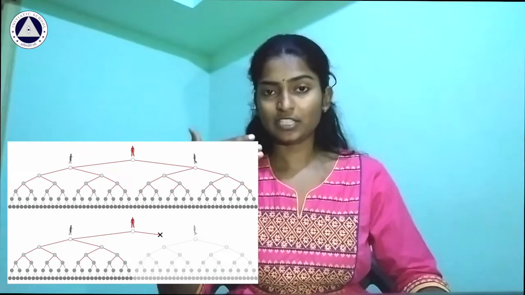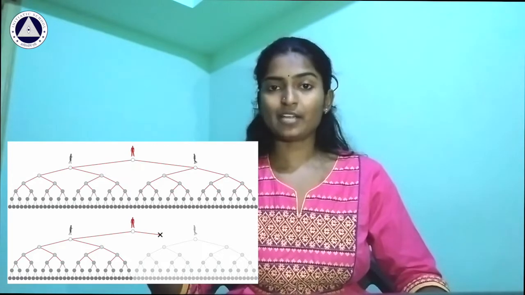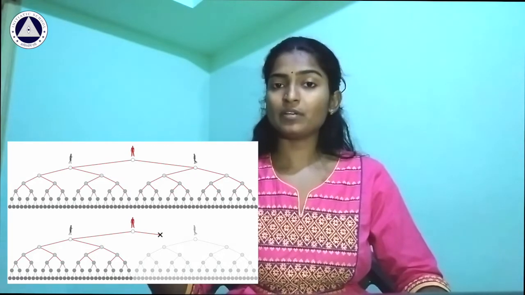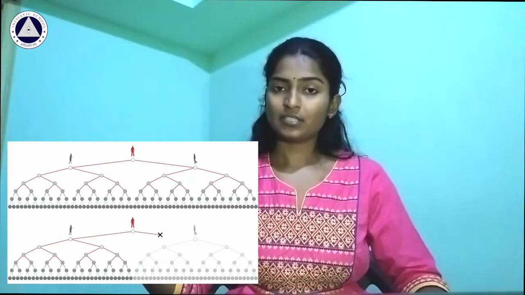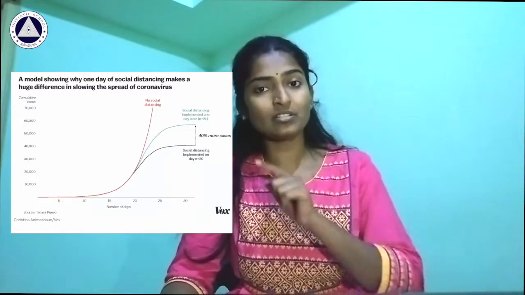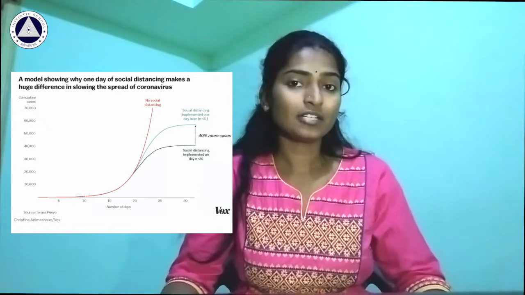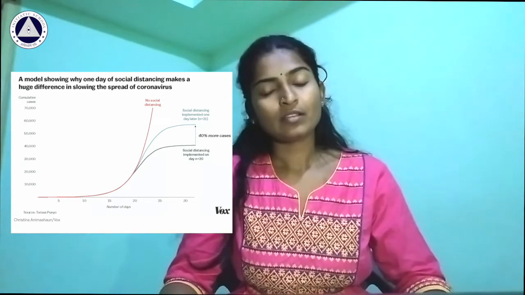That is, these 3 people will infect totally 9 people. And these 9 people again, if neglected, will infect 27 people, and 27 becomes 81, and this chain continues. So what these numbers tell us is, there is an exponential increase in the spread of the disease.